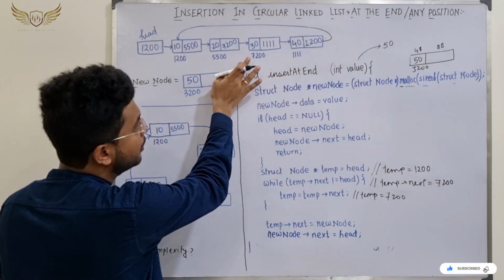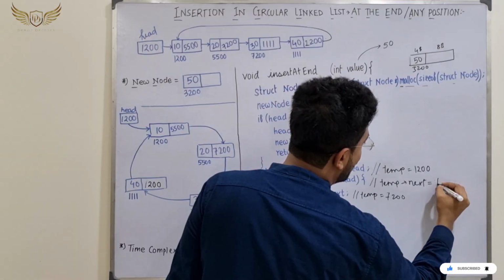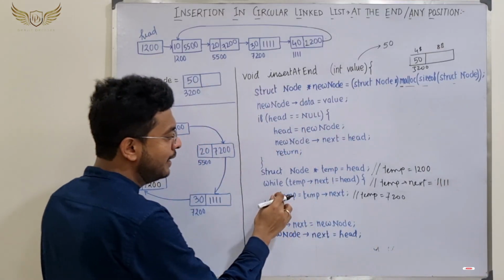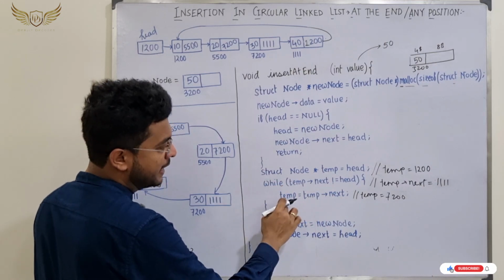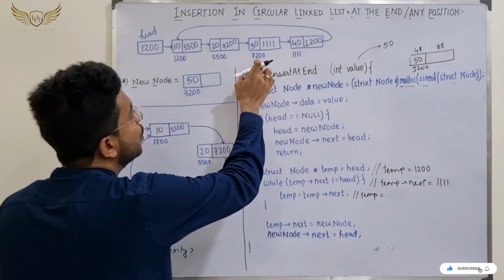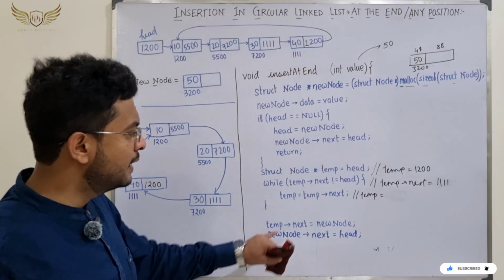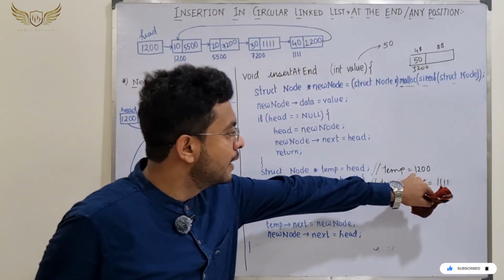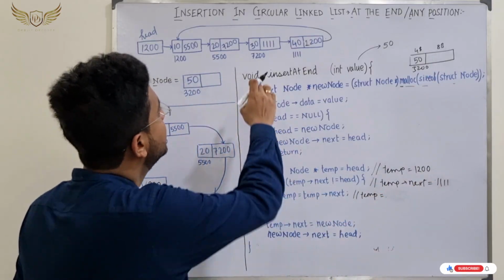Go to 7200 and see the next part: 1111. So temp arrow next becomes 1111. And if this condition is satisfied, then come here. Temp equals temp arrow next. So what is temp equals temp arrow next? Go to 1111. Right? If you see this, 1200 was the temp, and the last value of temp was 7200.